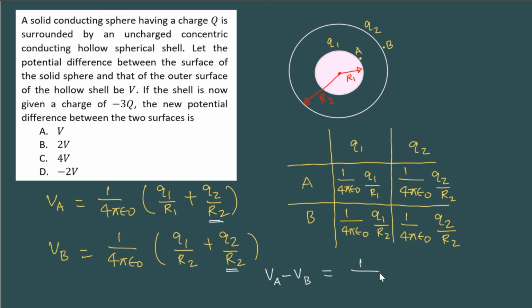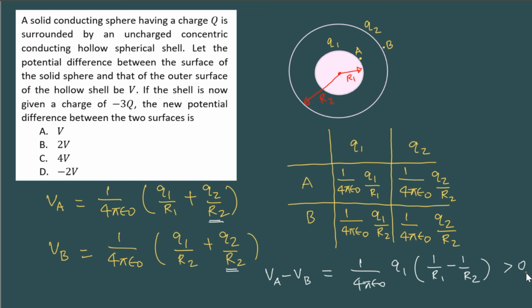You will end up having 1 by 4 pi epsilon naught times Q1 into 1 by R1 minus 1 by R2, and this is greater than 0. That means the potential difference between these two concentric metallic spheres depends only on whatever charge is present on the inner shell. You can place any amount of charge on the outer shell, and that is not going to change the potential difference between them.